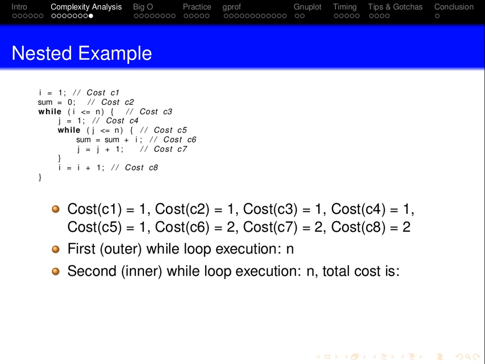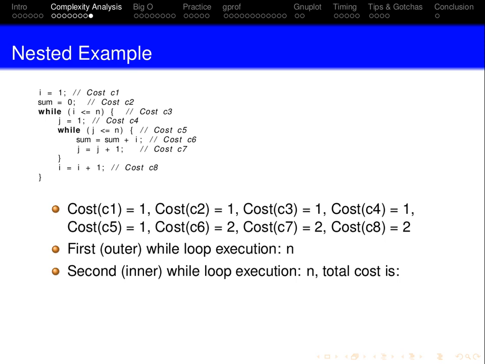We're still inside the outer loop, so we need to add the cost of C8. 2. Yeah. And now we're done with this loop, so we can end that. Now we did forget to add C3 and C5, but that's okay. I wanted to show you how this formula was actually not that hard to derive.